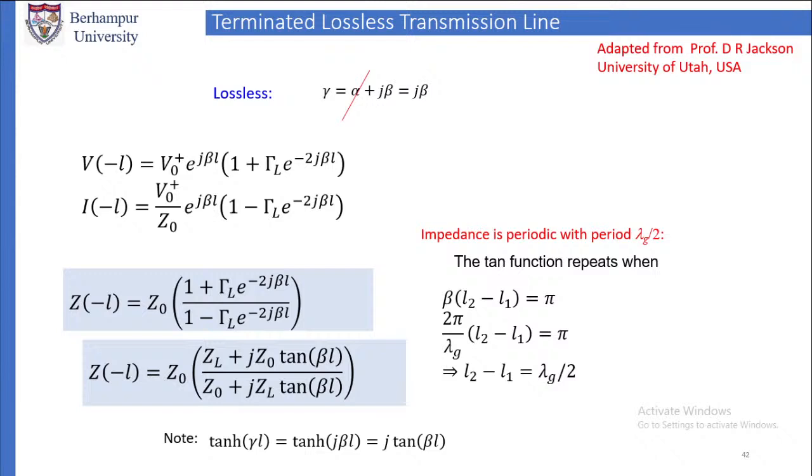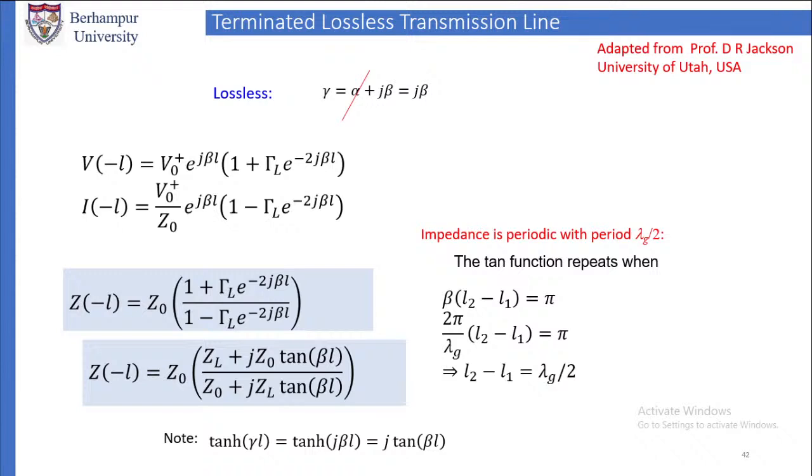This is also easier if you remember the expression for the lossy case. In the lossy case, the expression was the same except that tan beta L was tan hyperbolic gamma L. Now, in tan hyperbolic gamma L, gamma is equal to j beta.